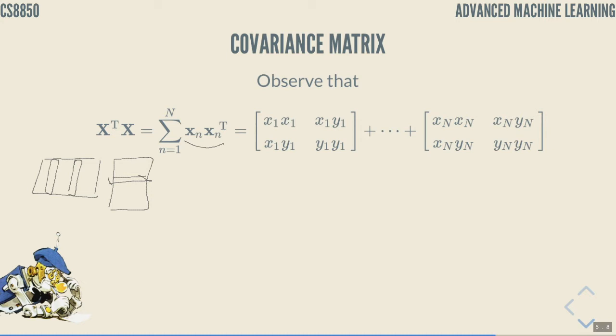Now that we know that X transpose X is just a sum of all of the outer products of the corresponding samples, we take one sample, X1 and Y1, because we're in a two-dimensional space.